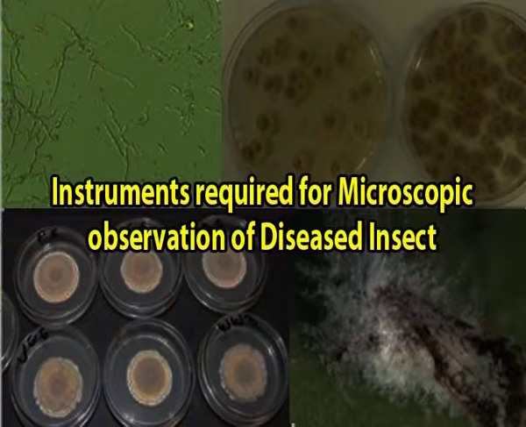Instruments required for microscopic observation of diseased insects. A very important tool for identification of the pathogen or etiological agent is the light microscope and bright field microscopes.